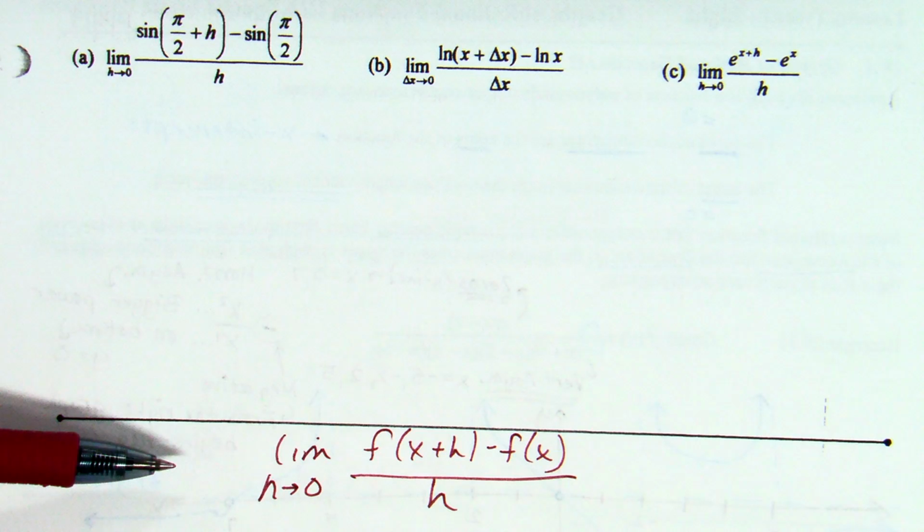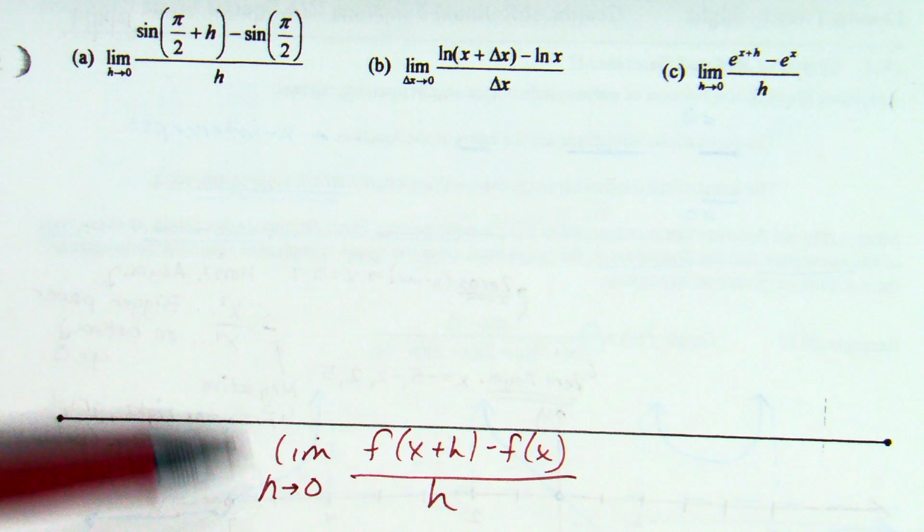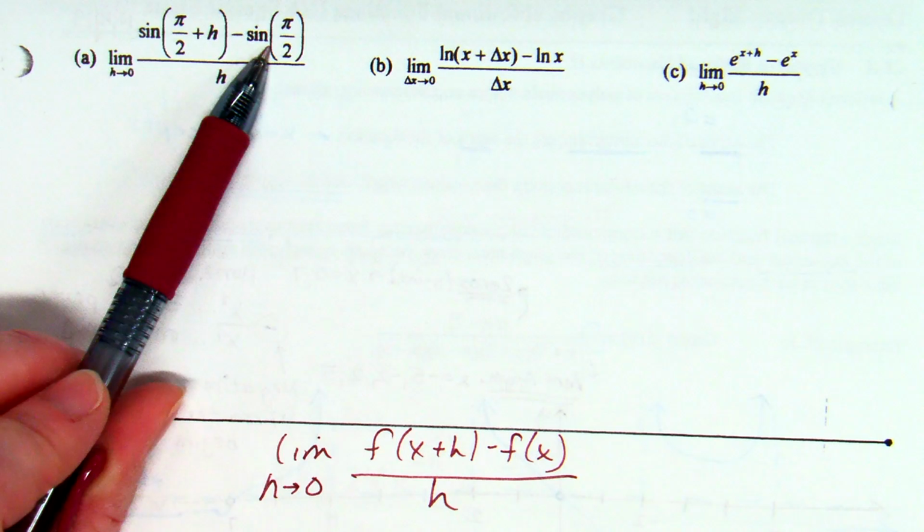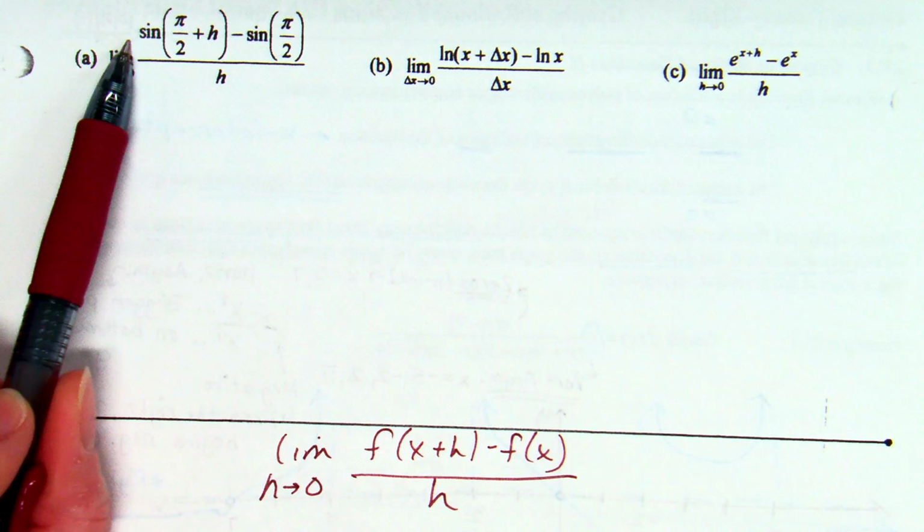Okay, guys. So, does this look familiar? Oh, yes. Okay. So, this first one, it's the limit as h approaches 0. What's my function on the first one? The function we're talking about is sine. Okay? Because remember, it's f of x plus h minus f of x.